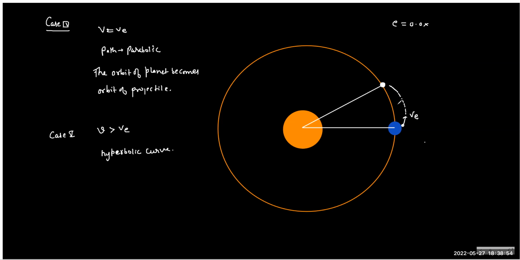And it will follow the same orbit as the Earth is following. It will be slightly elliptical, that's correct. But we are talking about this trajectory. This trajectory will be in the frame of Earth. This trajectory will be hyperbola. You can think of this.